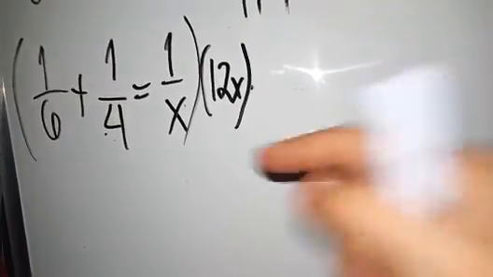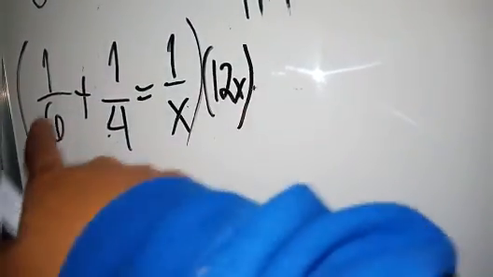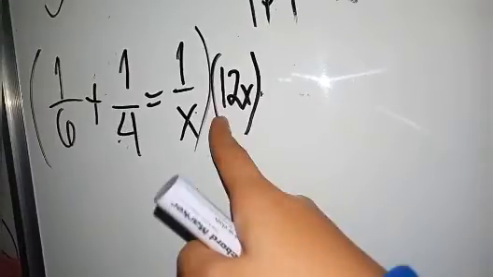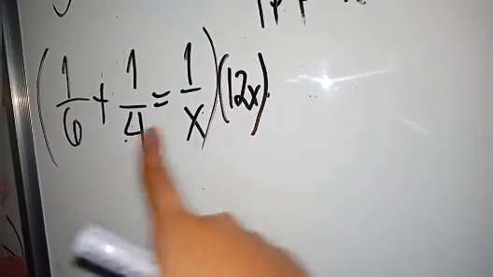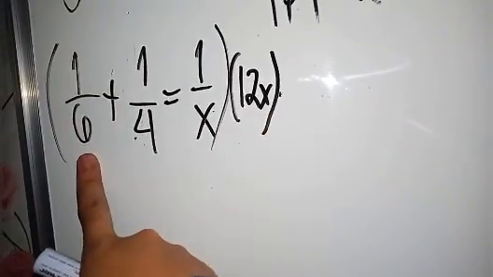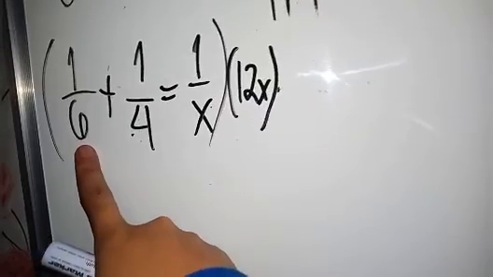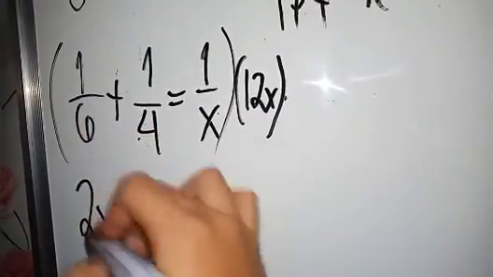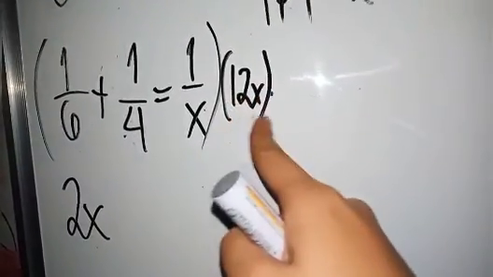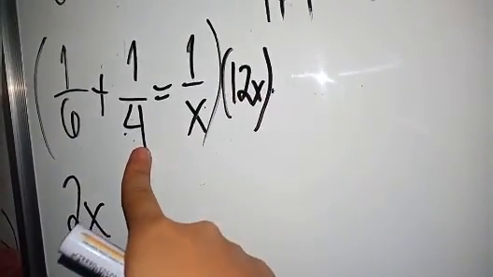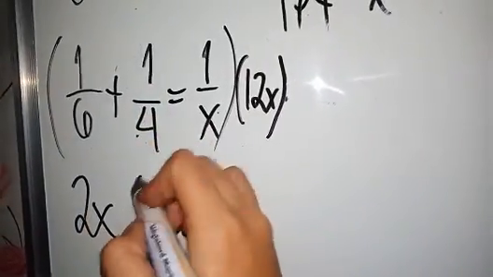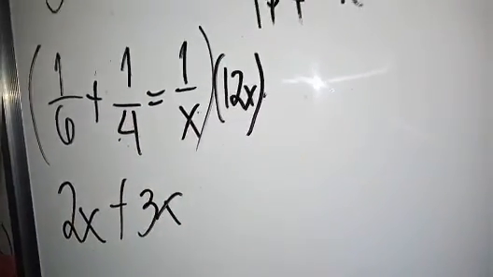So, now, let's multiply 12x doon sa ating mga fractions. We have 12x divided by 6 muna ay magiging 2x times 1 will give us simply 2x. The next, 12x divided by 4 will give us 3x times 1 will give us positive 3x.